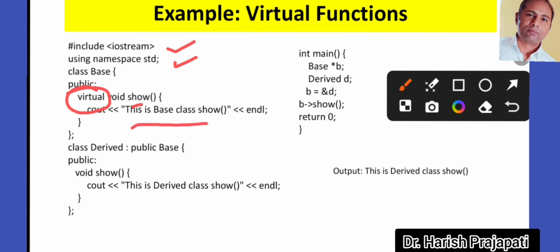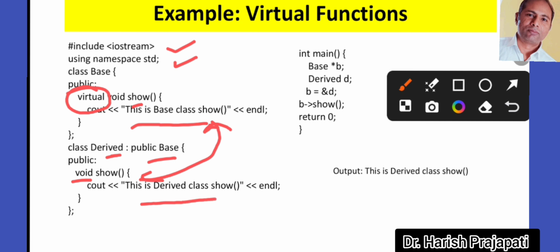Then we print the output of this function, which is the base class show function. Then we inherit a derived class from this base class. Here we make the same show function again. It is overridden in the derived class, and we print here: derived class show.